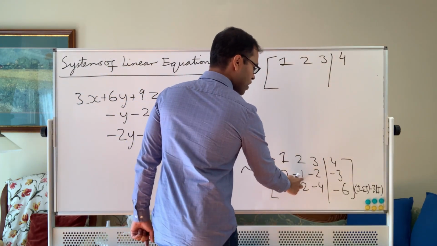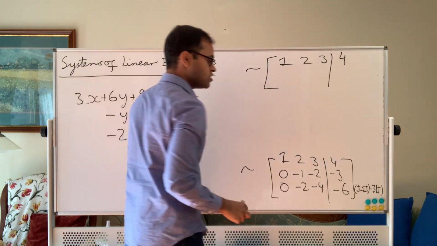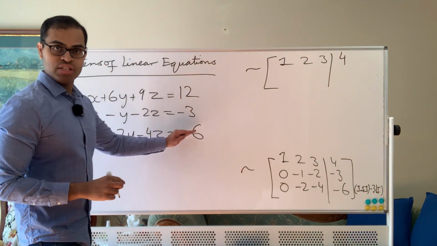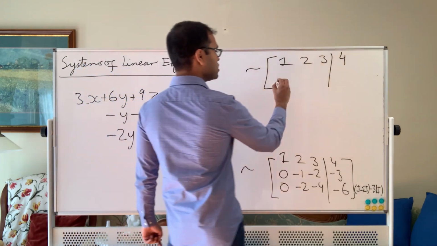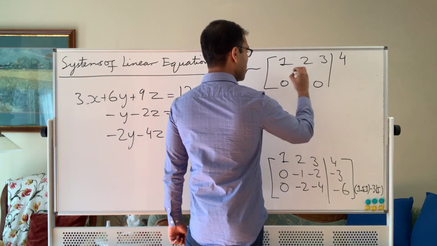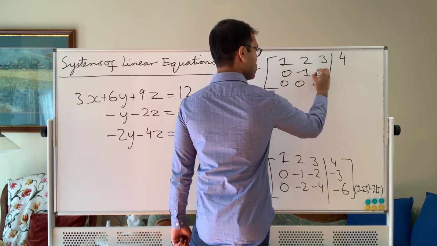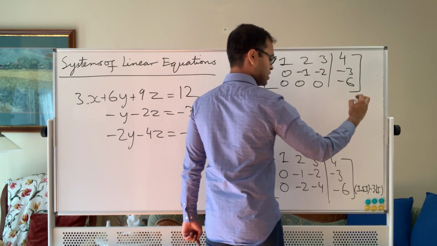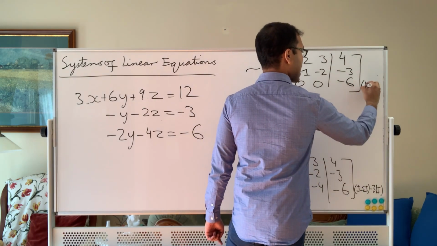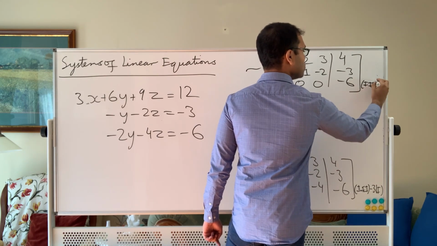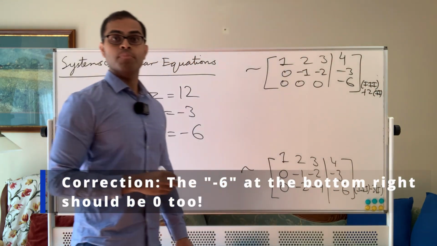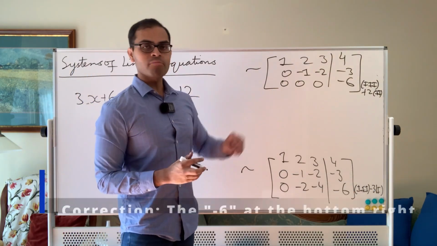Twice of this is minus 2, minus 4, minus 6, which is exactly the same coefficients as the third, up to sign. So if we add them up, we're just going to get a bunch of zeros on the bottom. We're going to keep the second row as it is, and we're going to get the following augmented matrix. So here, for the third row, you're adding twice the second row. That's what you did from the previous step to get to your new augmented matrix.